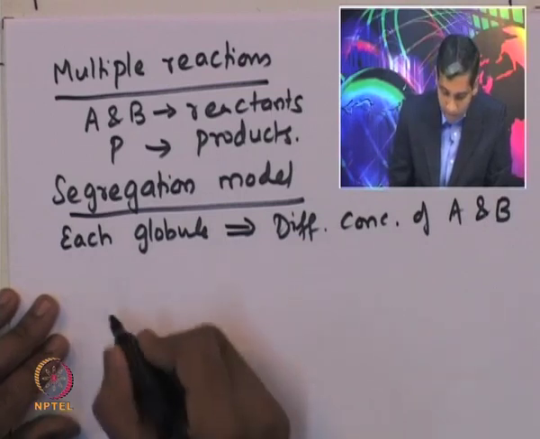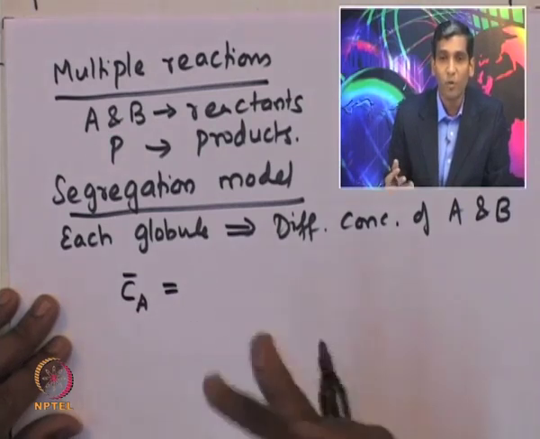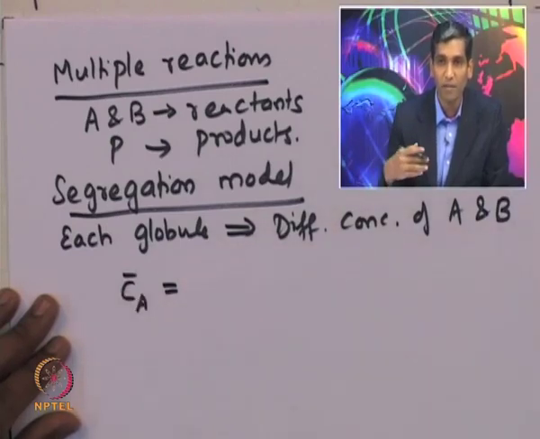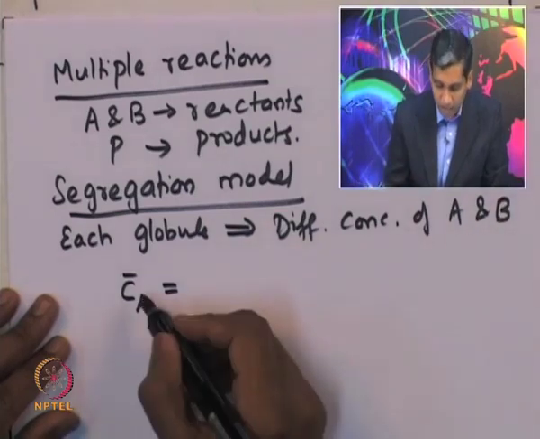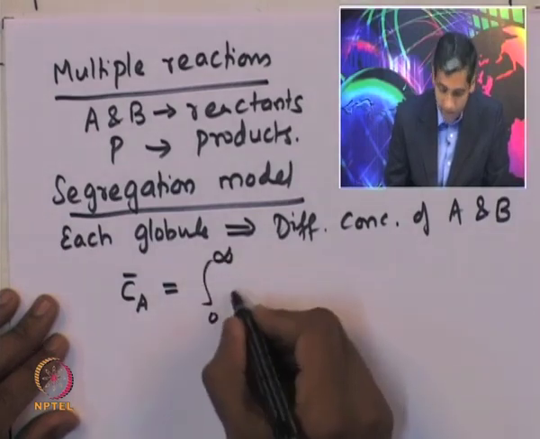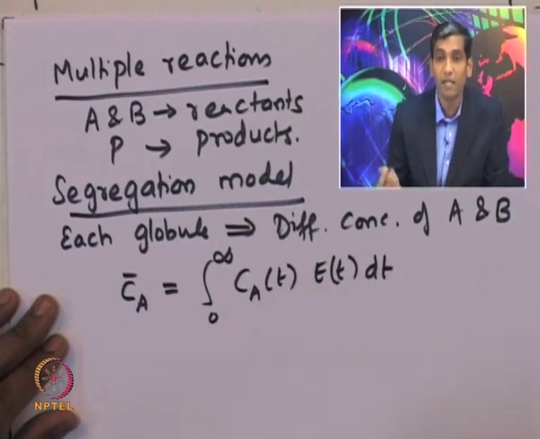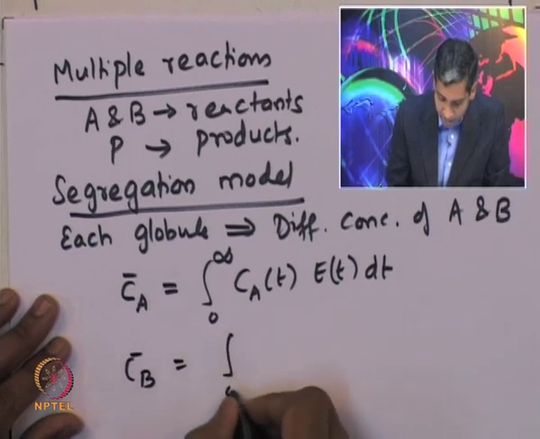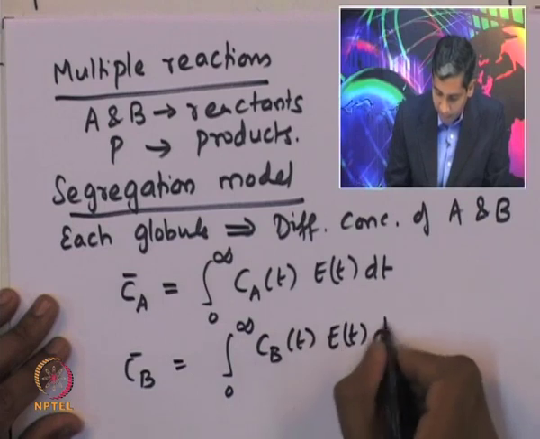Then Ca bar, the average concentration of the species, is what we need. Remember that if we are looking at multiple reactions and multiple species, it is better to work with concentrations rather than conversion. So, the average concentration of species A will simply be the integral from 0 to infinity of Ca(t) E(t) dt, where E(t) dt is the residence time distribution function of that reactor, and similarly Cb is given by the integral from 0 to infinity of Cb(t) E(t) dt.